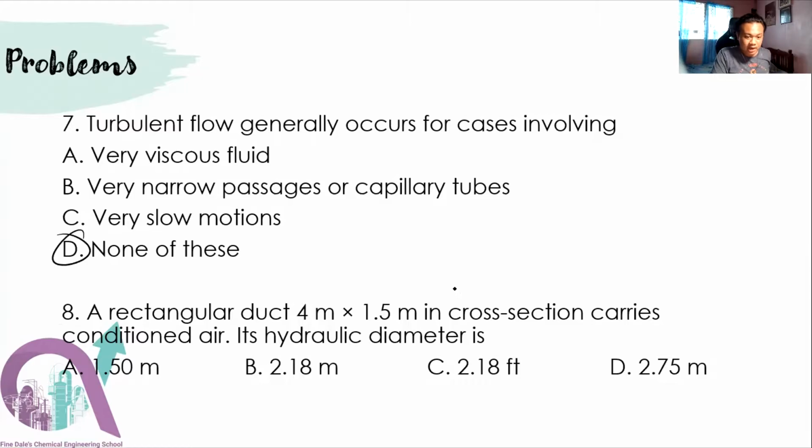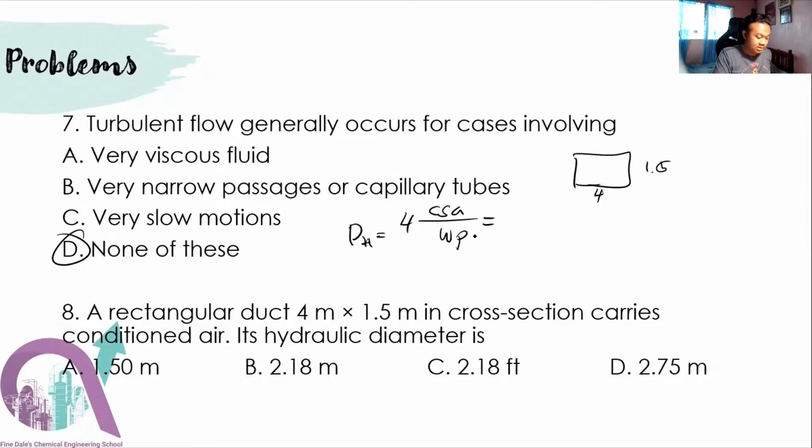So number 8, a rectangular duct 4 meters by 1.5 meters cross section carries conditioned air. So its hydraulic diameter is, you have this in your formula: the cross section area over the wetted perimeter. So we have just 4 then 1.5 meters.